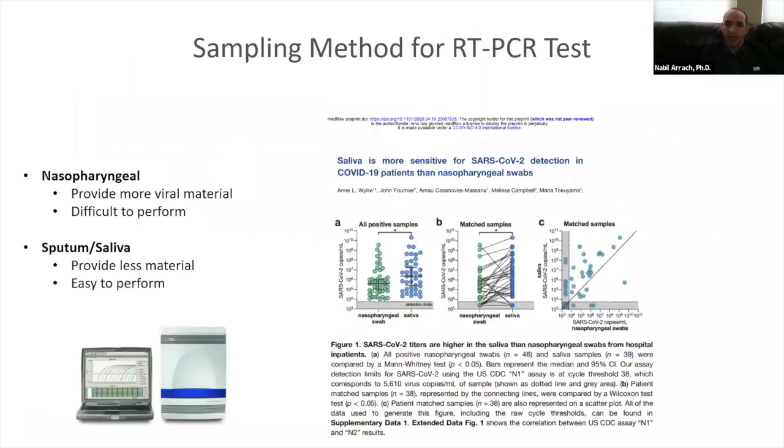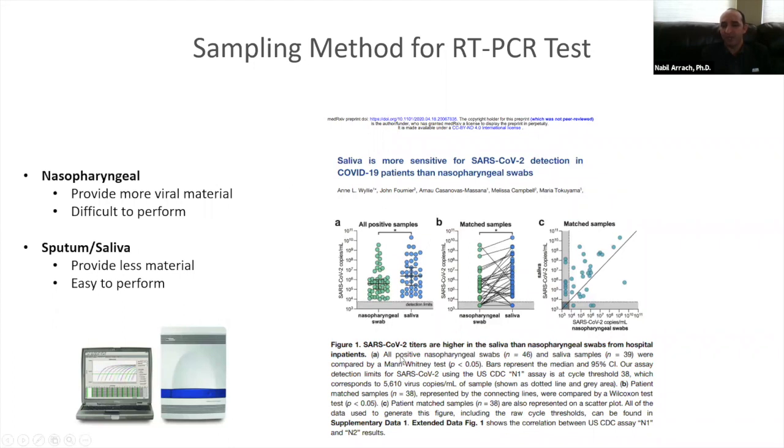So as far as sampling methods, the gold standard for sampling COVID-19 is nasopharyngeal. That's the method that has been validated the most, used extensively across many studies. And then we've seen other types of samples that have come out in the markets. One of them is oropharyngeal. Now we have seen sputum or saliva.